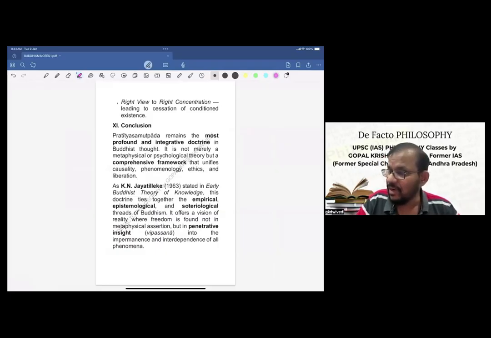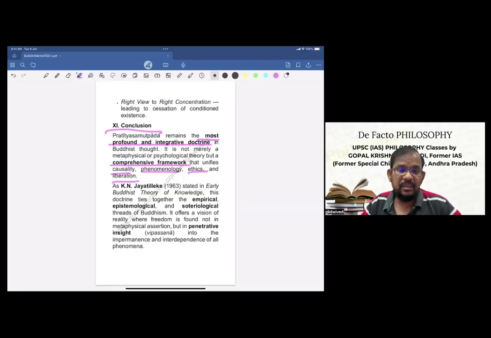Now let us see the concluding remarks as far as Pratityasamutpada is concerned. This remains one of the most profound and integrative doctrines of Buddhism. It is basically the basis of all other doctrines. And it is not merely a metaphysical or psychological theory, but a comprehensive framework. That also we have seen. It unifies causality, phenomenology, ethics, and liberation.